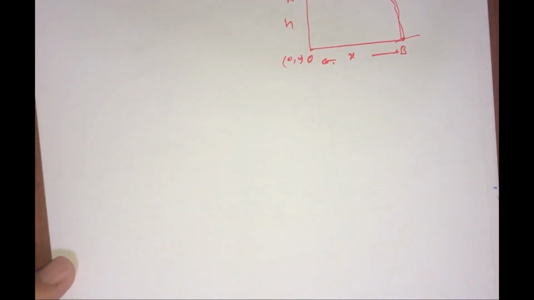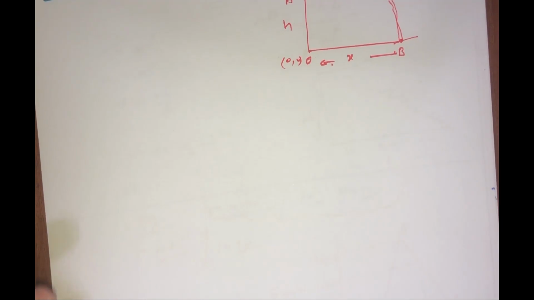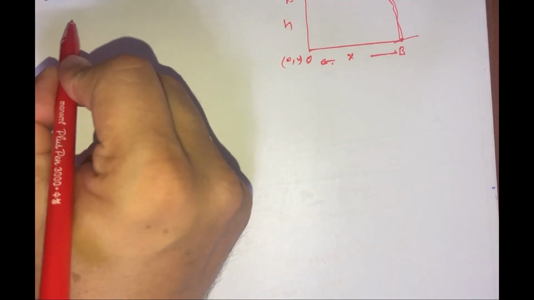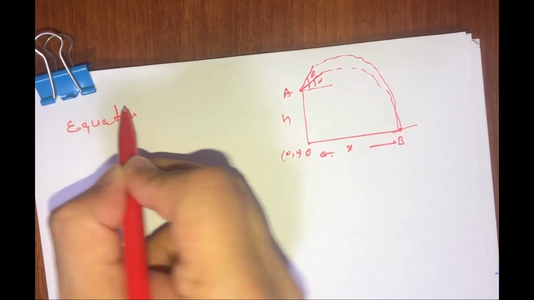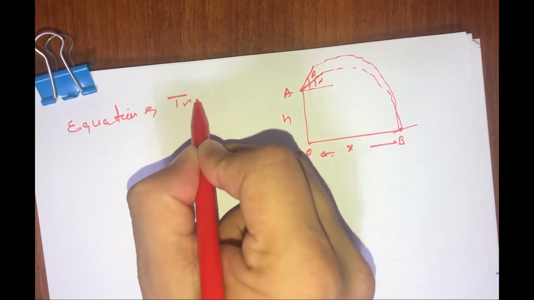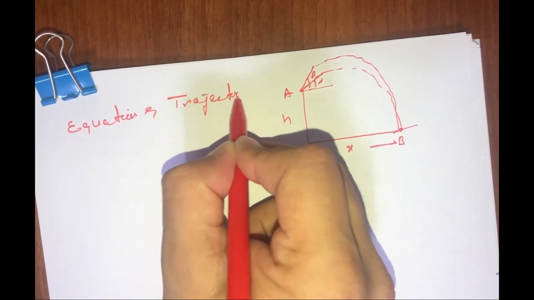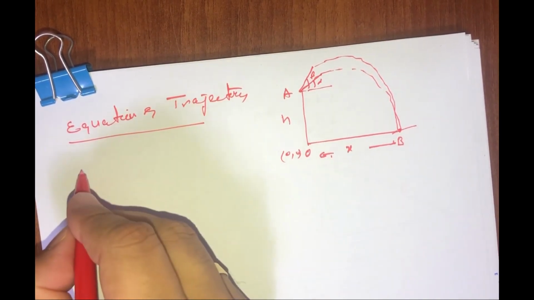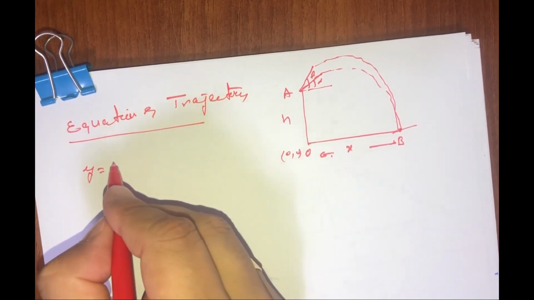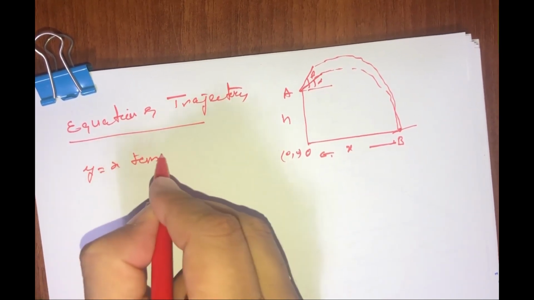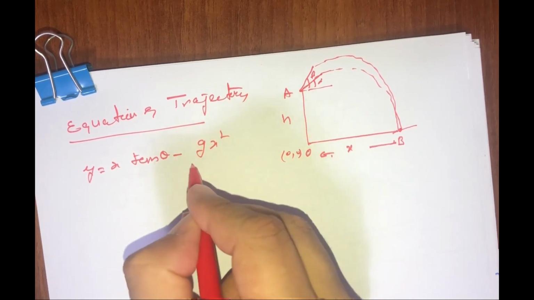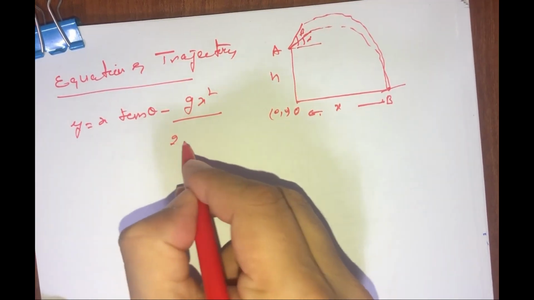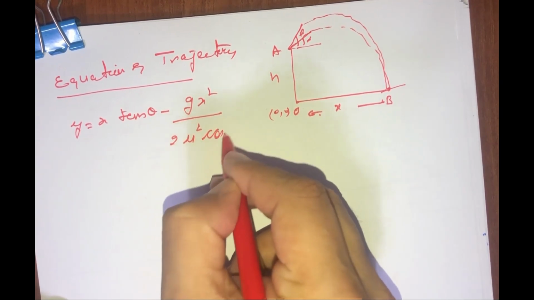In this case, we are going to use the equation of the trajectory. The equation of trajectory is given as y equals x tan theta minus g x square divided by 2u square cos square theta.